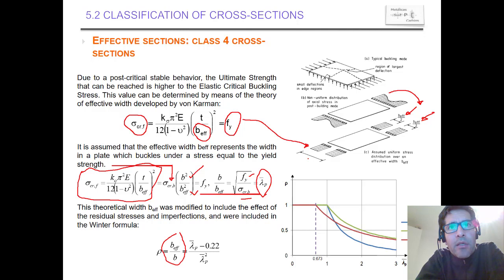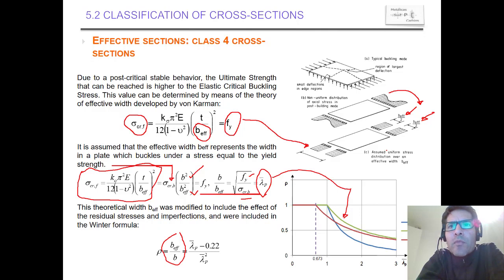Notice that there is a bar on this lambda. So this is a hyperbola which is plotted in green here. This green one is the von Karman expression. This von Karman expression is a simple hyperbola in which rho equals 1 over lambda p.